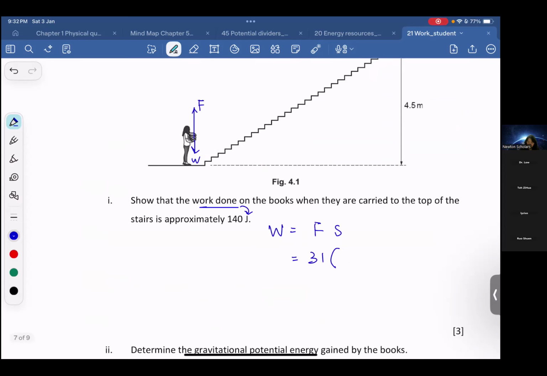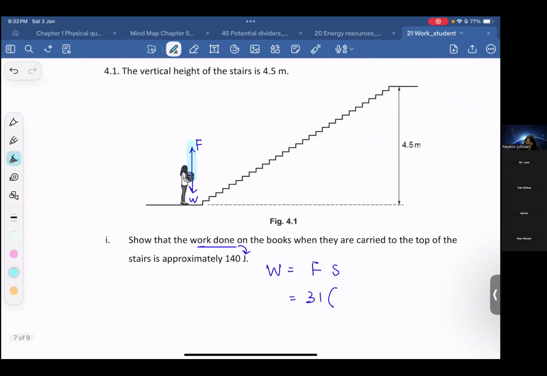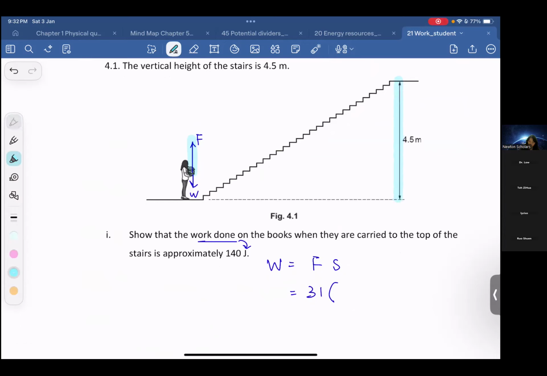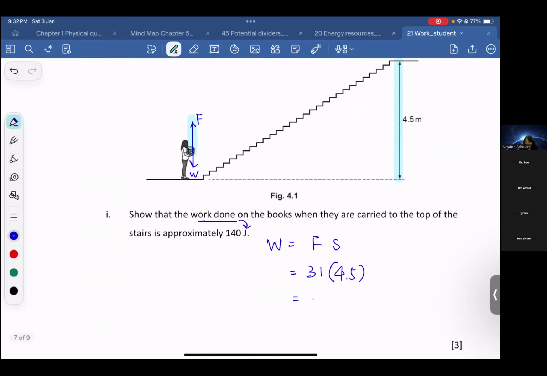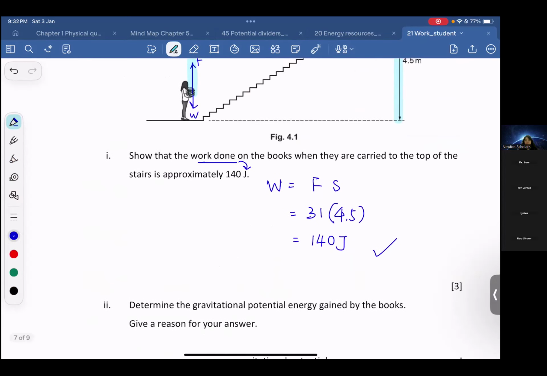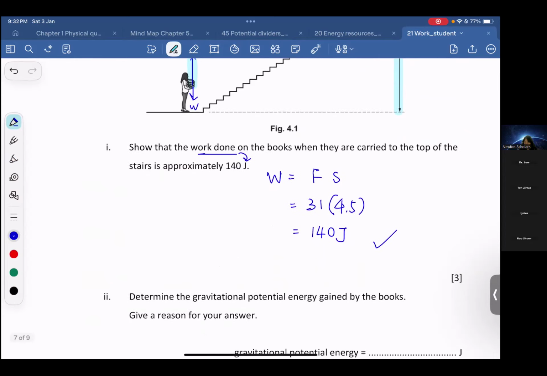Distance, same direction. The distance should be this, 4.5. So my answer should be 31 times 4.5, which is 139.5. So it's 140. Is it okay? 31.4 times 4.5. Oh, okay.